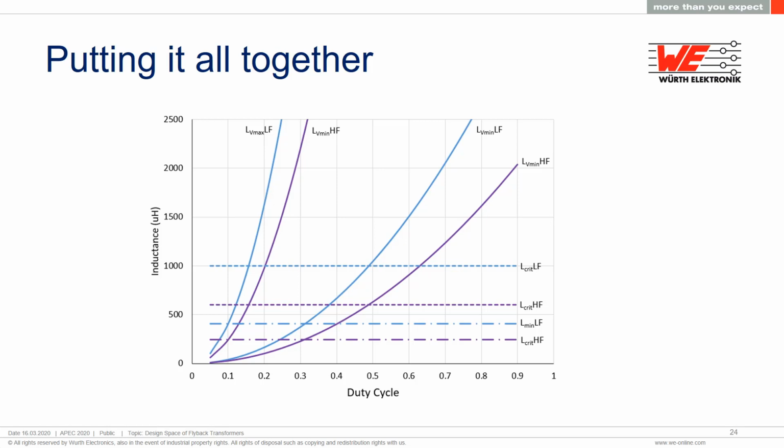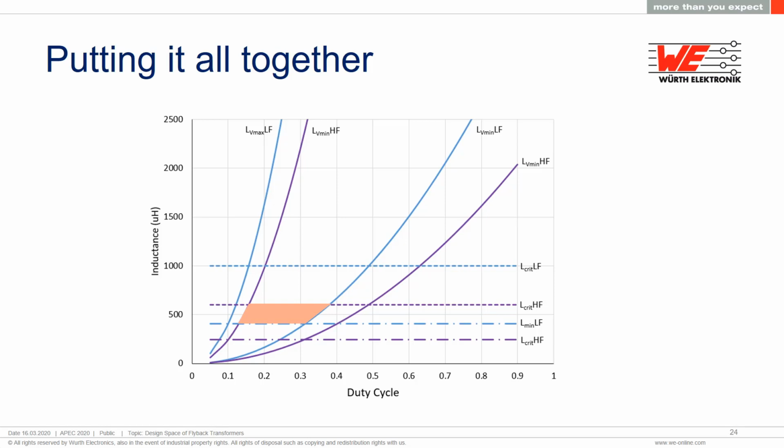It results in a smaller range that narrows your box, and it can narrow considerably if there's a big range. Previously, between the blue lines, we had a large area to work with, and if we're working at the higher frequency, we would have a smaller area bounded by the purple lines. We can actually only use the area that's overlapping, so now you have a very small zone. Your operating duty cycle and inductance is going to have to fall into this range.